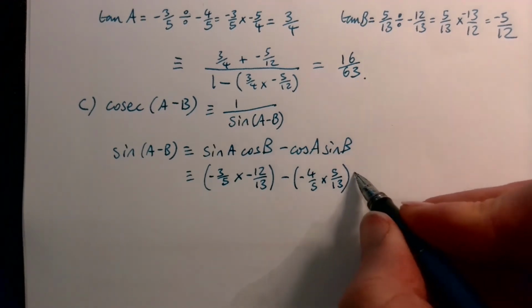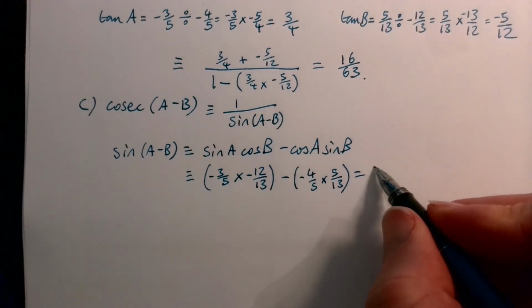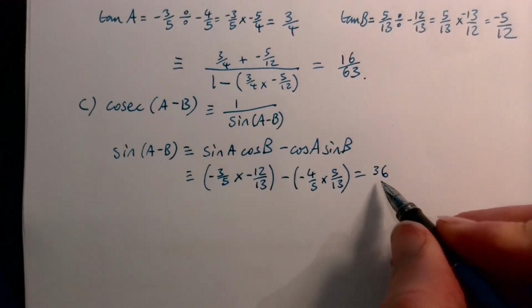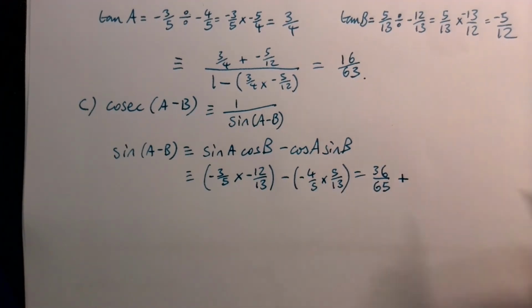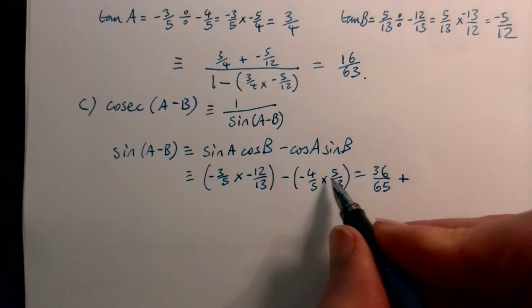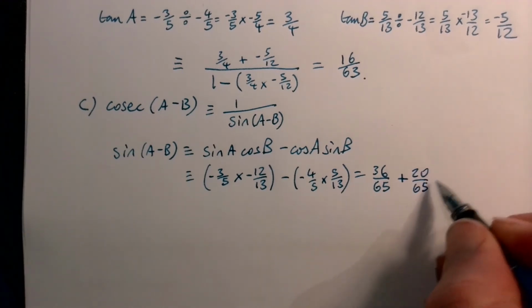And if we do that, then that's going to give us 3 12's are 36 over 65, and we're going to be taking a negative, so we are basically going to be adding at the end of that 20/65.